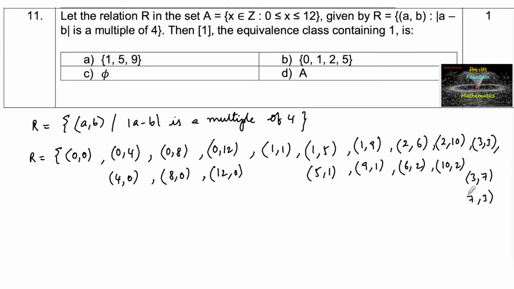So these are the possible ordered pairs which satisfy the given condition.